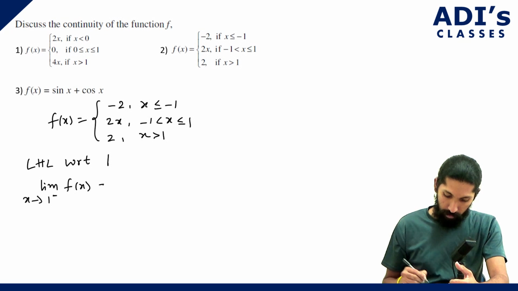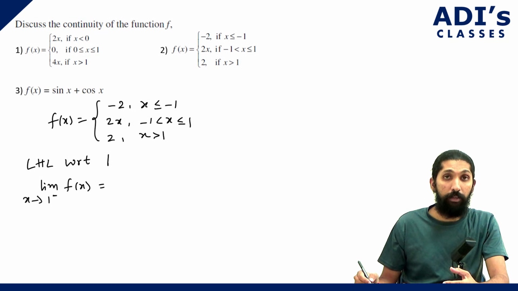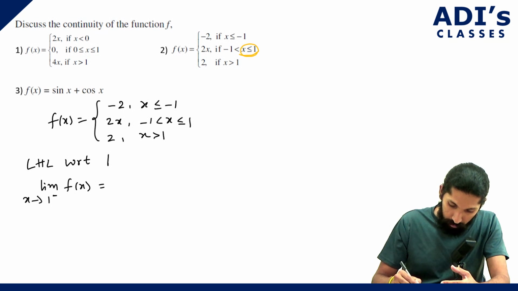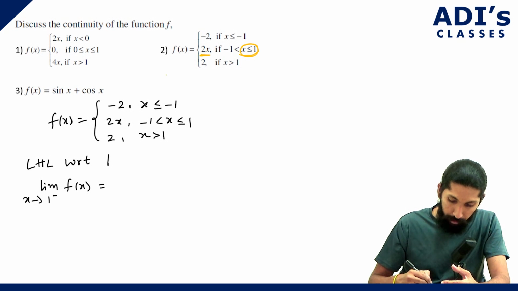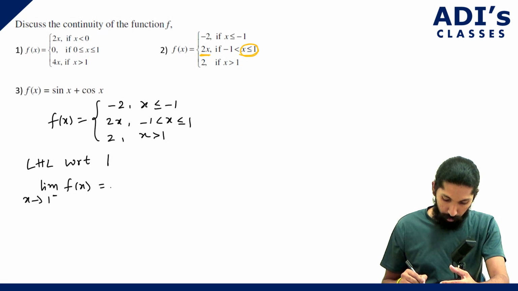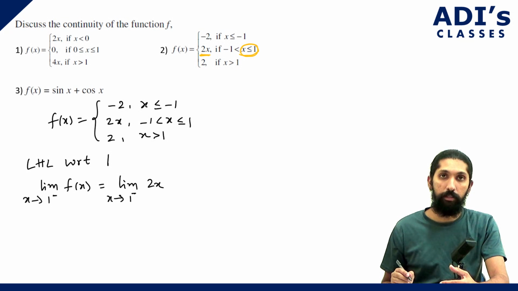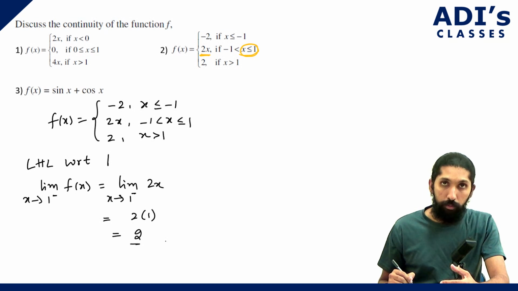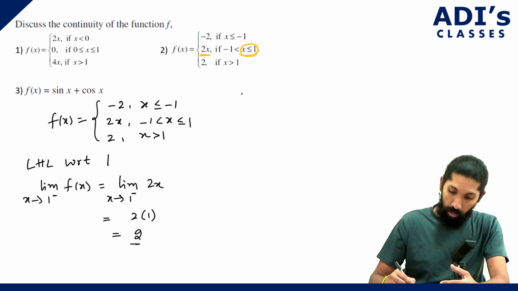So what is my left hand limit for 1? See, this is the condition, correct? So left hand limit is going to be 2x, correct? So limit as x tending to 1 minus 2x. Put x as 1, so you are going to get this as 2 into 1, which is 2. So LHL is 2.